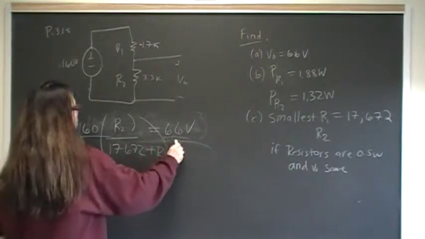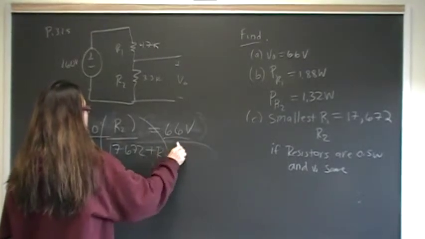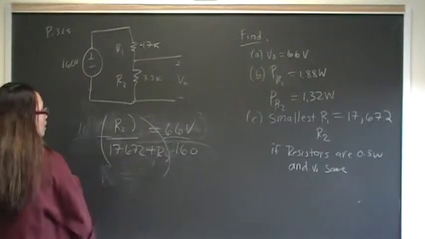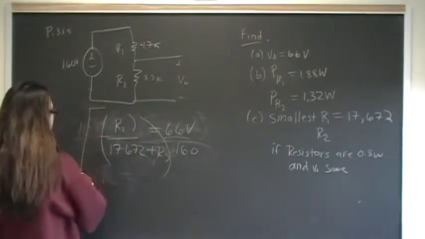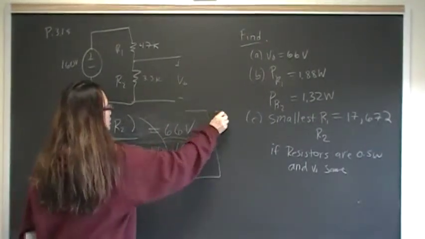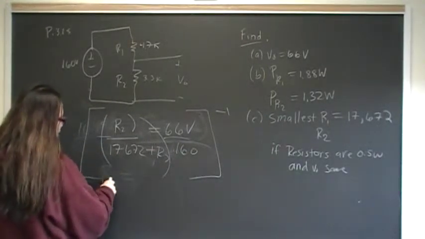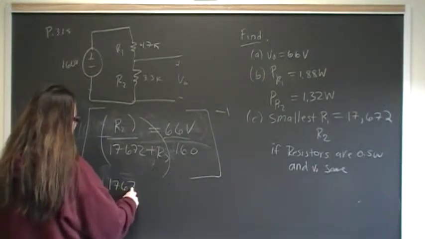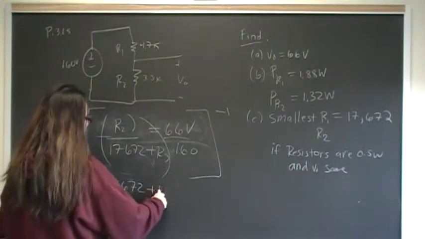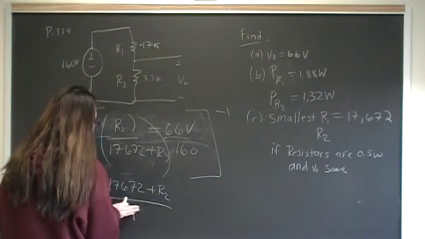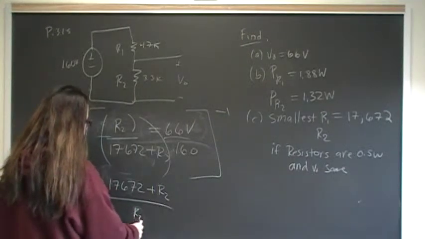Divide both sides by 160. Gets rid of that. Now we're going to invert both sides, right? This will give me on this side 17,672 plus R2 over R2.